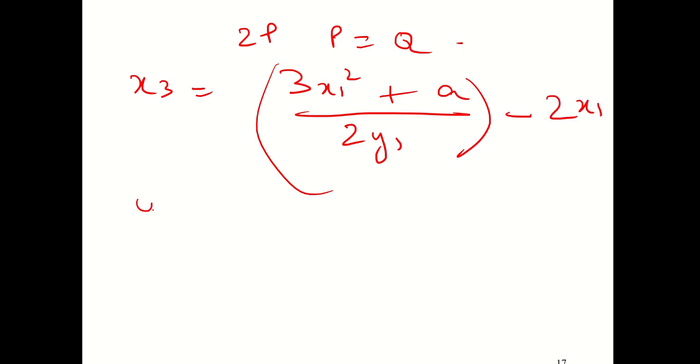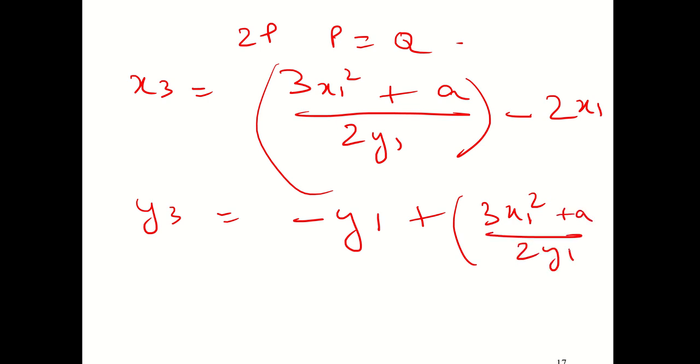And y3 is equal to minus y1 plus (3x1 square plus a) by 2y1 times (x1 minus x3).